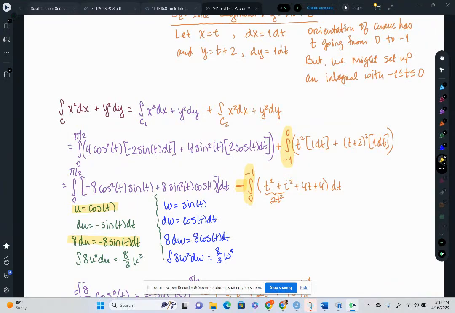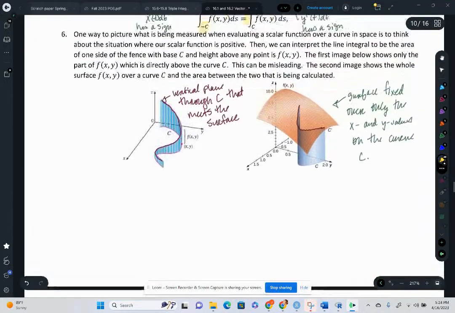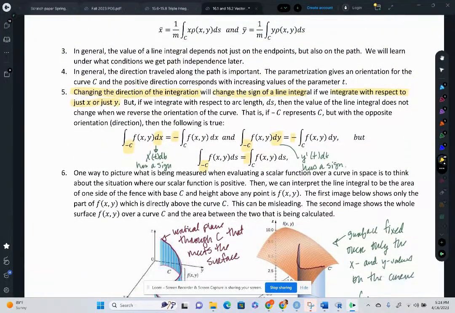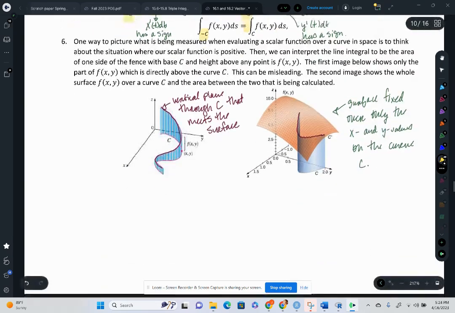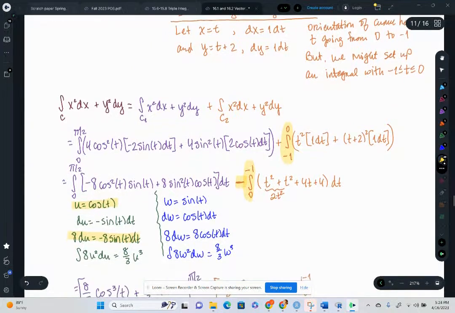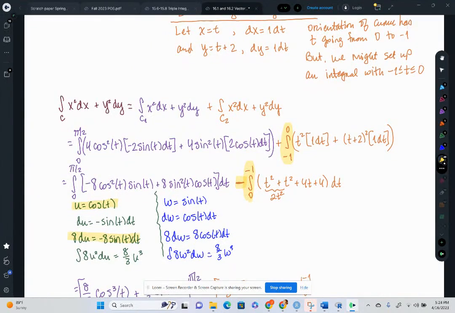Let me just pull it up right here. We have this statement that says that if we were to switch those bounds around, we are going to get the negative of what we would have gotten. Right here, instead of this being a negative, this should have been still a positive.